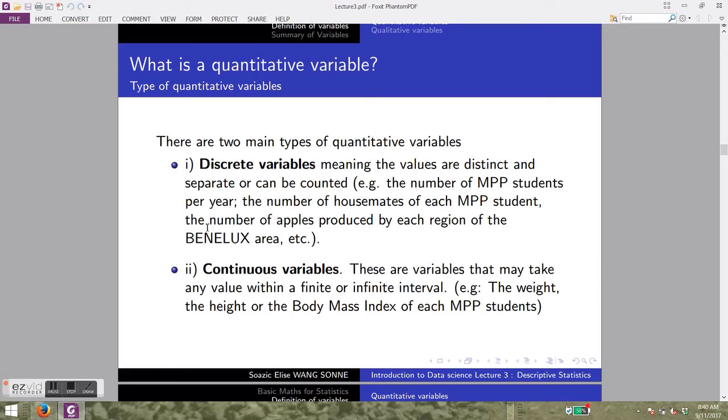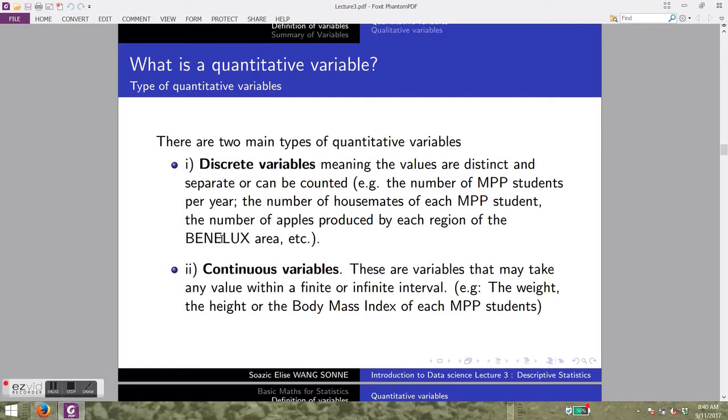In each of those rows, I'm going to search for the total number of apples produced by this region, say in 2017. For instance, the Limburg region in the Netherlands has produced 1 million apples. Another region, for instance the Groningen region, has produced 2 million apples, and so on and so forth.